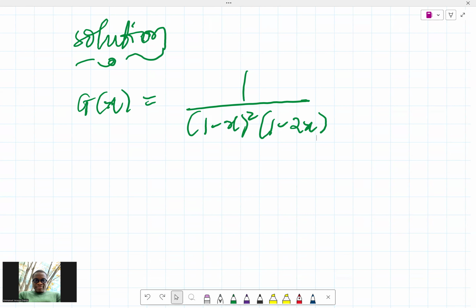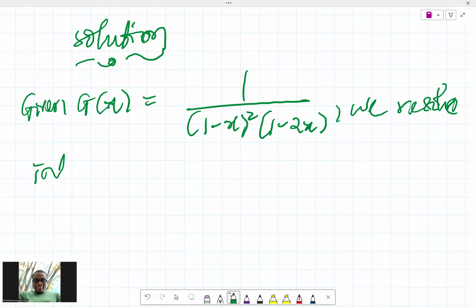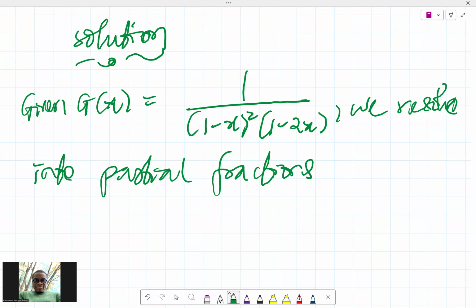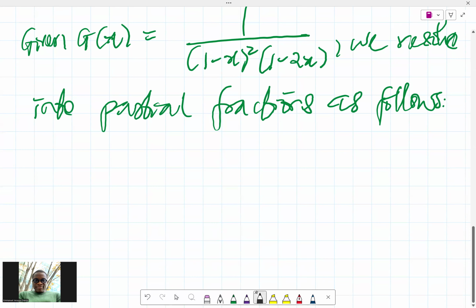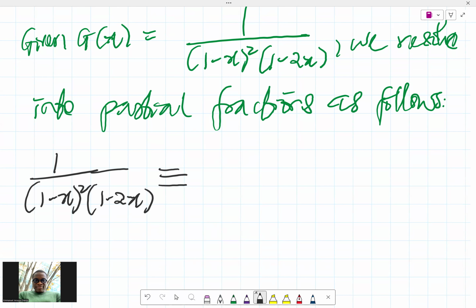Given this, we resolve into partial fractions as follows. We have 1 over (1 minus x) squared into (1 minus 2x), and that will be similar to A over 1 minus x.